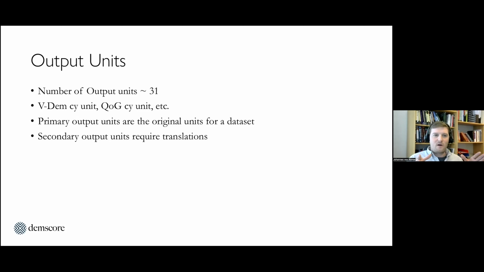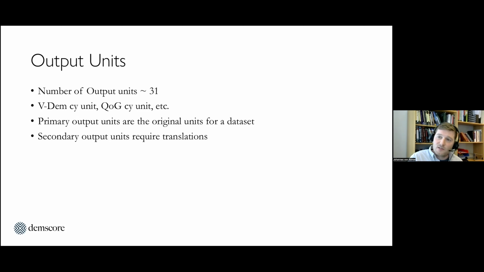But we also first searched for a unique set of units. Some data sets might have similar types of units, and we identified those. For example, there's a V-Dem country year unit and a COG country year unit. And data sets can be expressed in their primary output unit. That means there is no data quality loss. This is the primary unit for a specific data set.